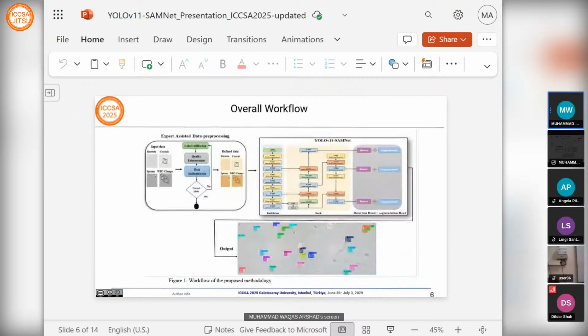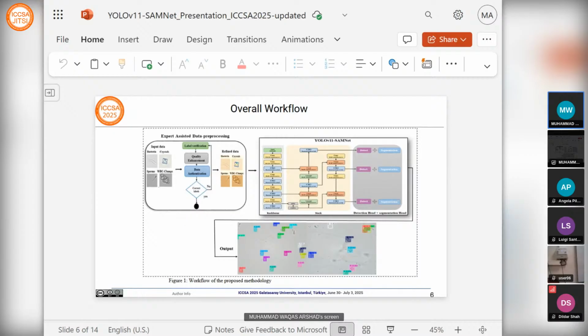This is the overall workflow. This diagram shows the overall proposed methodology. On the left side is the expert-assisted data processing. It starts with the input data, which undergoes label verification, then quality enhancement, then data authentication, done by the experts to create a refined dataset.